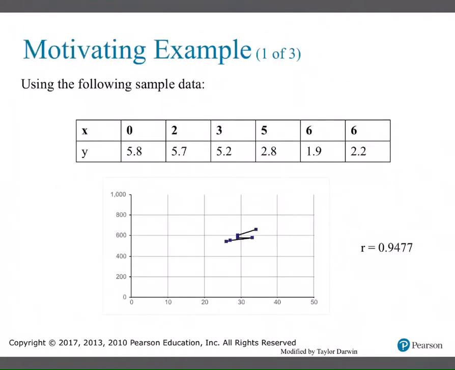Okay, so here we have an x and a y and values that go along with each. Our R for this is 0.9477. It was given to us. We're going to keep looking at this example in the next couple of slides, so keep this in your mind while we talk about what we're going to be doing.